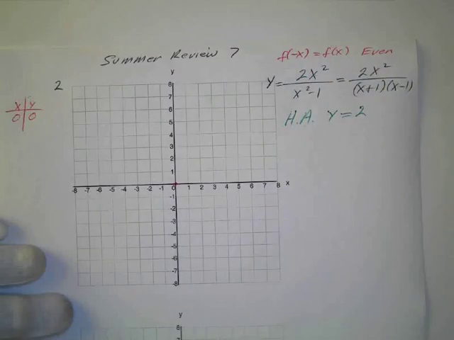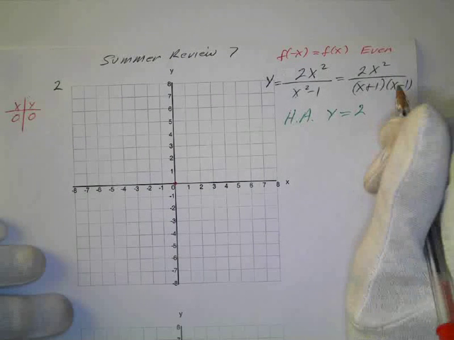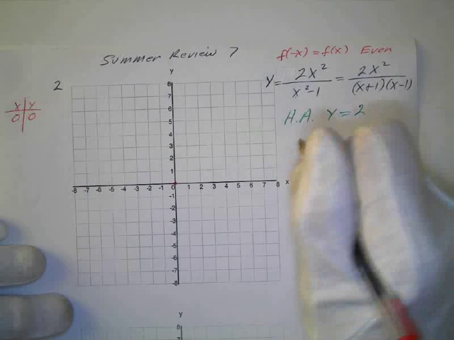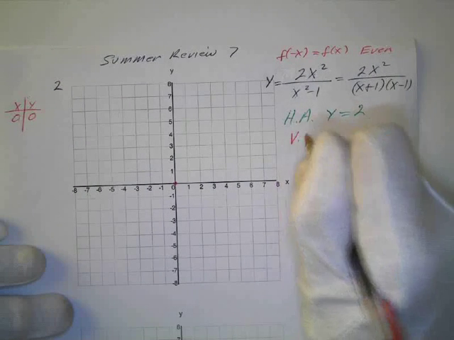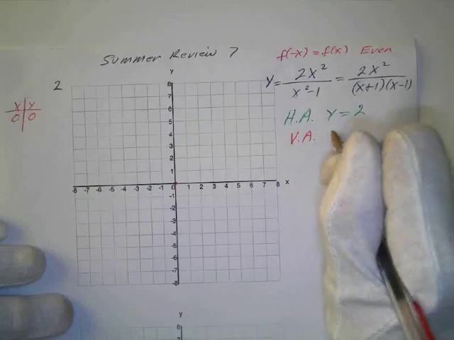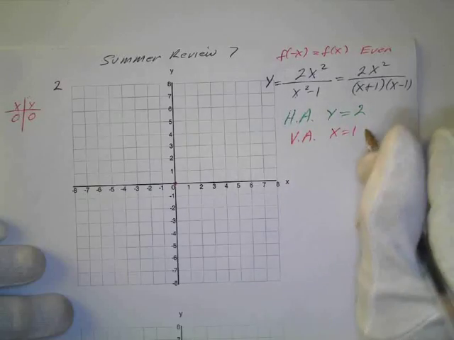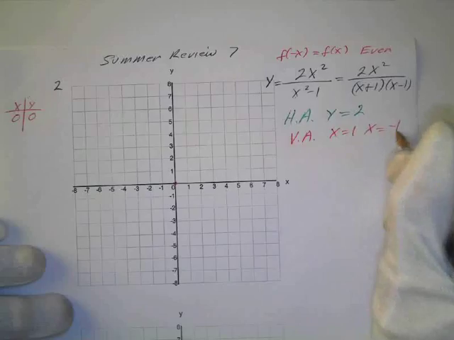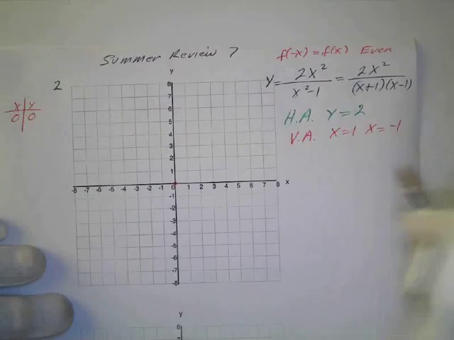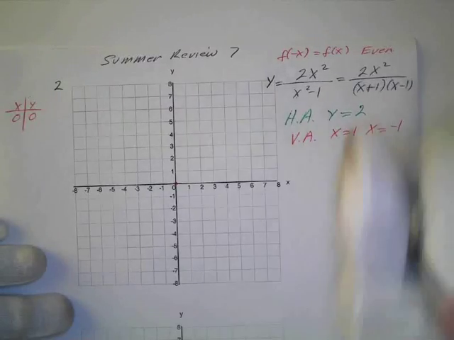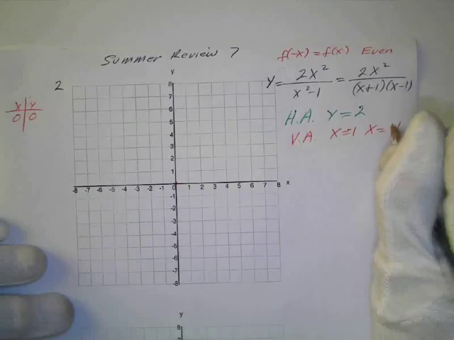Okay? And then I've got vertical asymptotes at any value that makes the denominator 0 that doesn't simplify out. So my vertical asymptotes are x equals 1 and x equals negative 1. Actually, I should say negative 1 and positive 1.